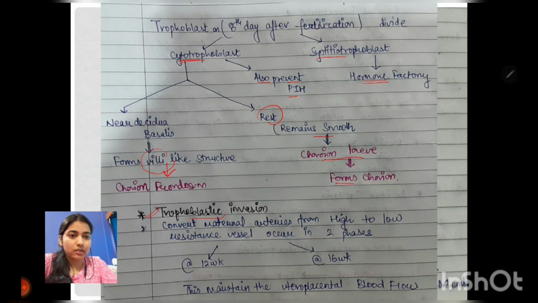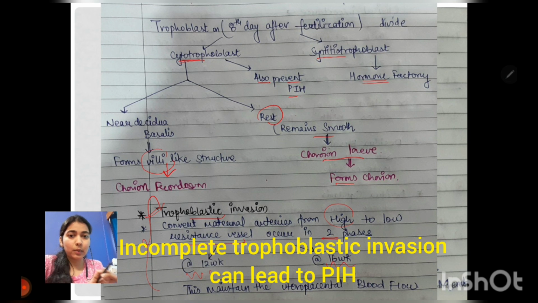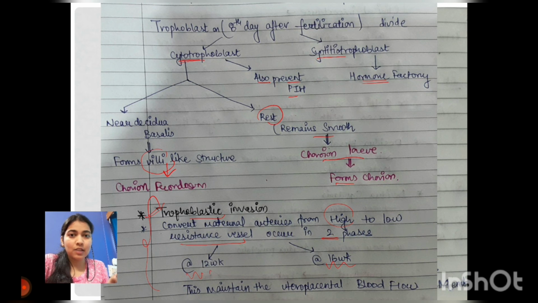Trophoblastic invasion converts maternal arteries from high to low resistance vessels and occurs in two phases, first at the 12th week, then at the 16th week, and this point is very important. If trophoblastic invasion is not there, or it is incomplete, it can lead to PIH. We'll discuss PIH in more videos.